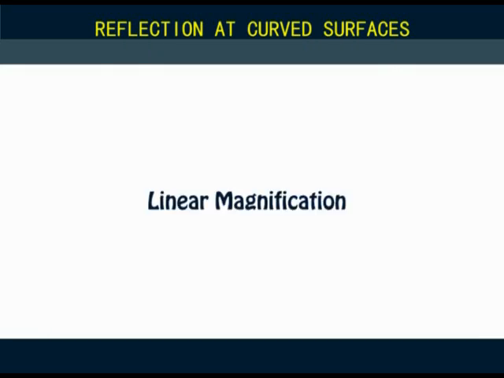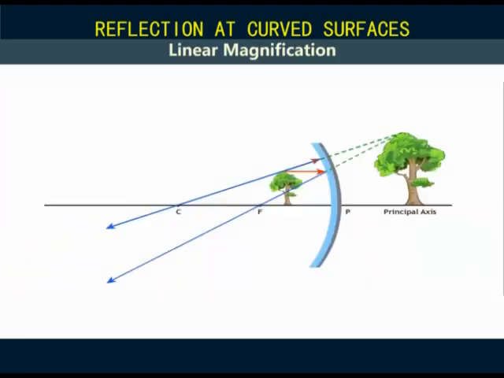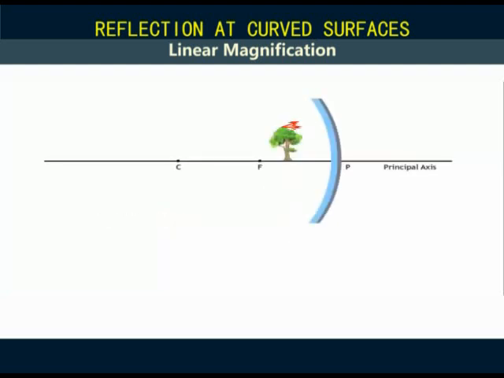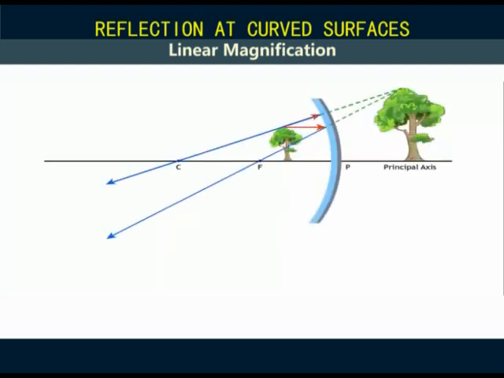Next, we move to linear magnification. Now, the ratio of the height of an image in a spherical mirror to the actual height of the object is called linear magnification. This is denoted by the small letter m. You can determine the size of an image reflected in a spherical mirror by using linear magnification.